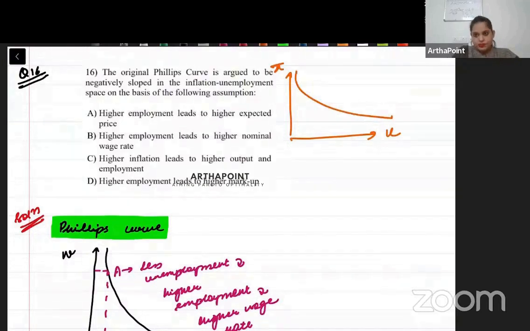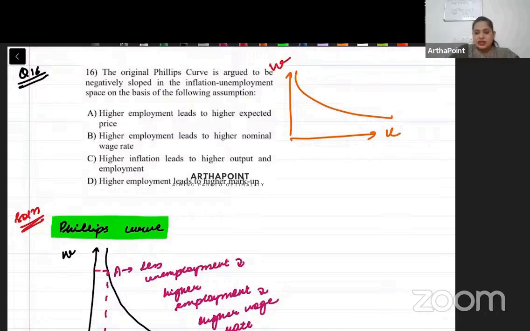But did you know that initially, when Phillips actually started thinking about it, he did not think about inflation. What he thought about was wage inflation, right? So this was not inflation, this was wage inflation.